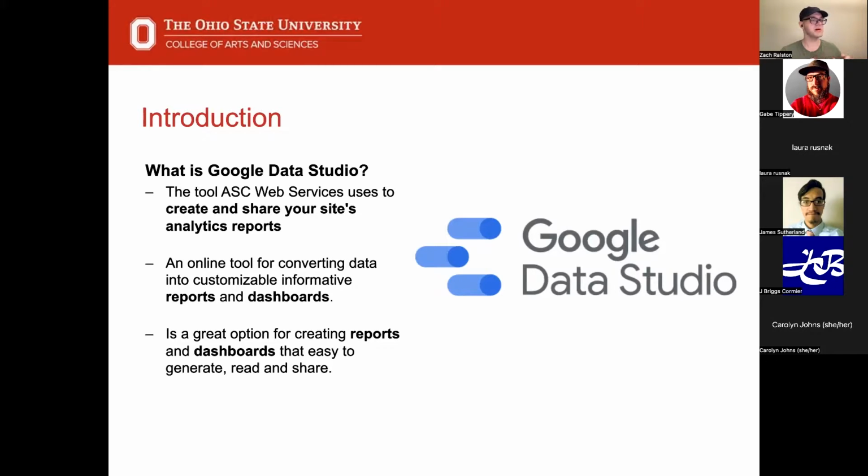But we mostly focus on the report side rather than the dashboard side, since dashboard is more the general layout of your report, whereas the actual report itself is basically what is being tracked on the website. And we generally use this option because it's just really great for creating these reports, and they're easy to share with our users.